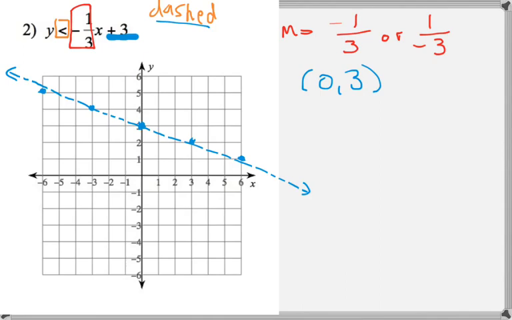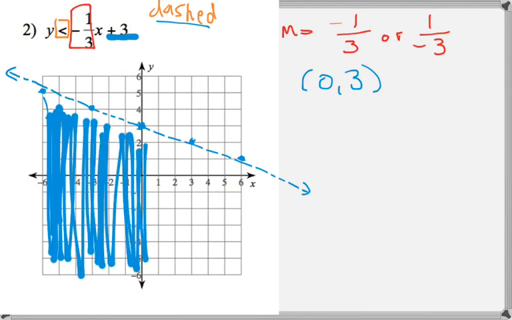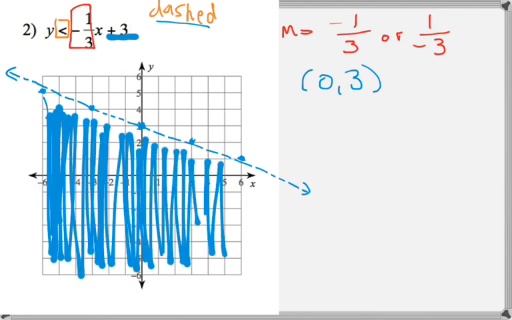Our final step is to figure out what part we need to shade. We want to shade everything that is less than. Our inequality read y is less than. So where is my y value less than that line? It is going to be everything below. So we're going to fill in and neatly shade every part of the graph that is below that line.